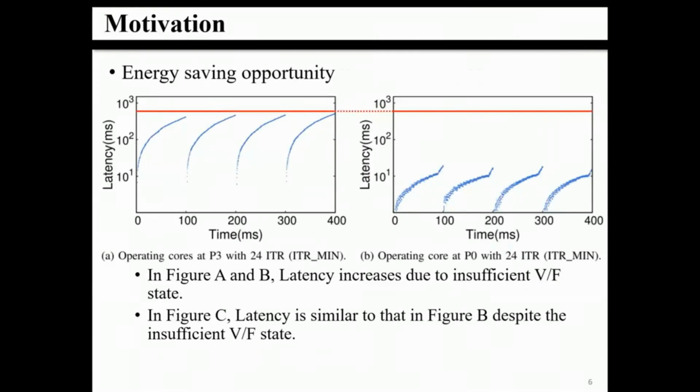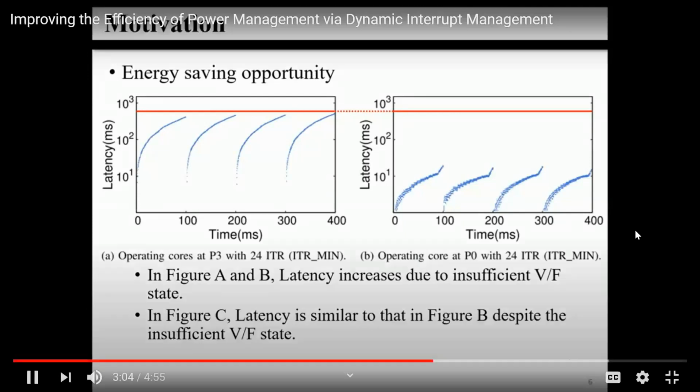To capture the energy saving opportunity, we measured per packet latency according to P state and ITR combination. When operating in the P3 VF state with the lowest ITR, latency is greatly increased because the VF state is not sufficient. Therefore, raising the VF state to P0 improves tail latency.